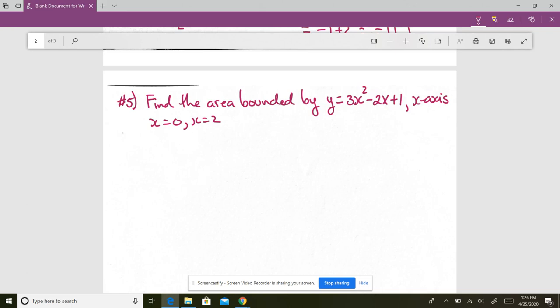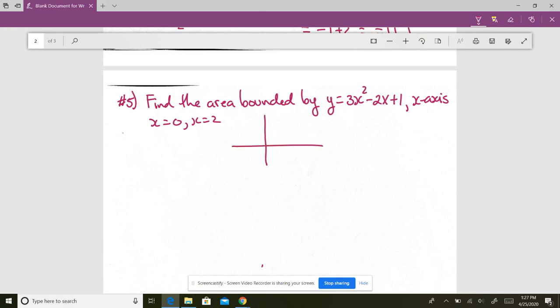Okay, so let's sketch this graph quickly. This is going to be a parabola. So this graph looks like this.